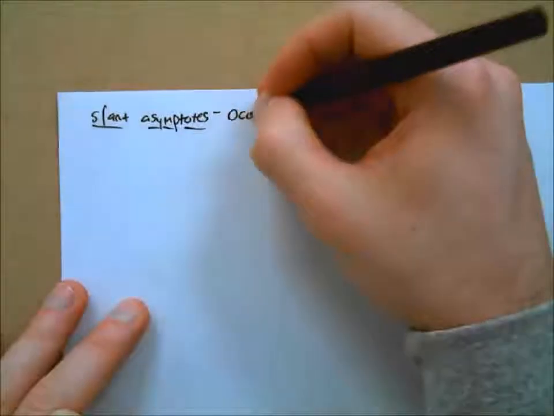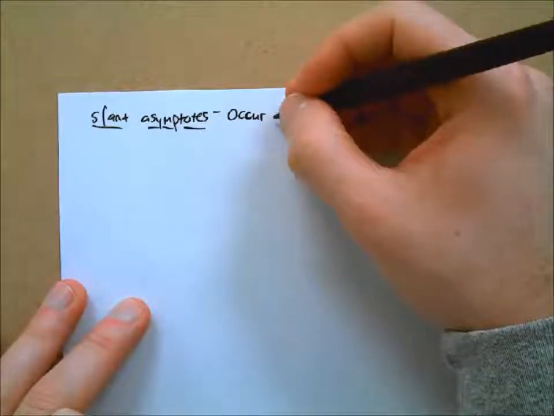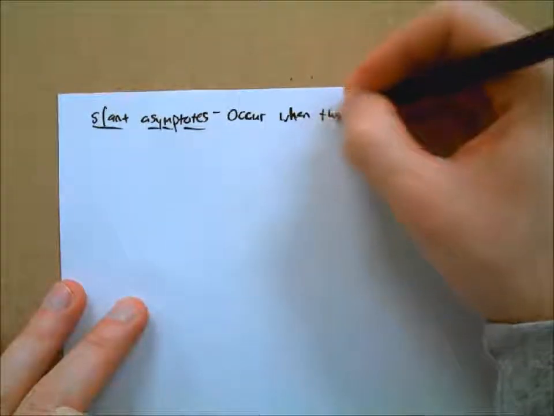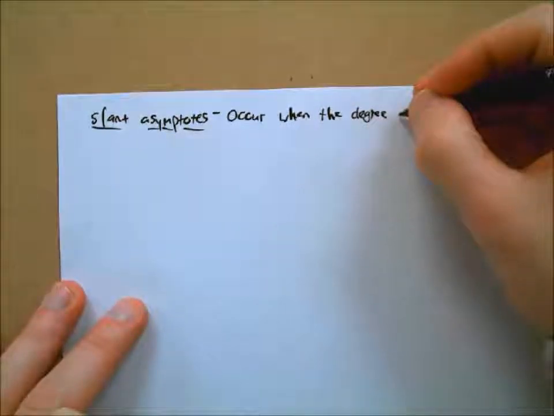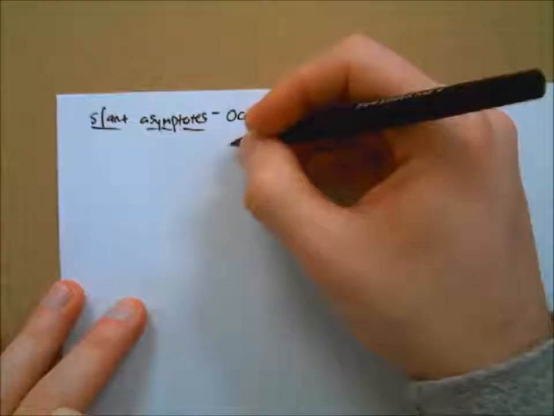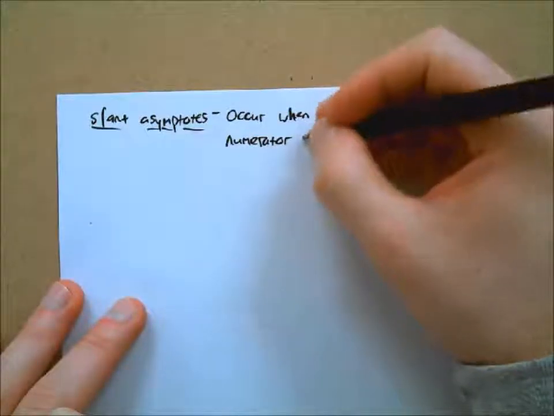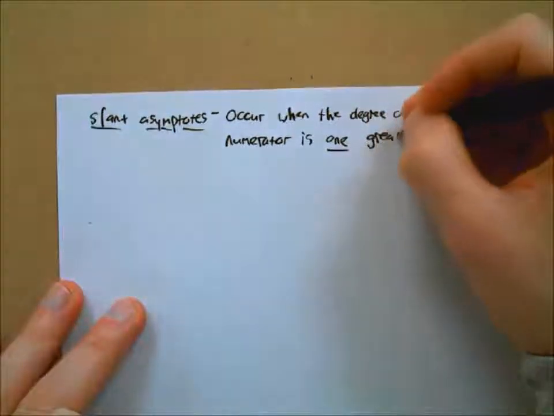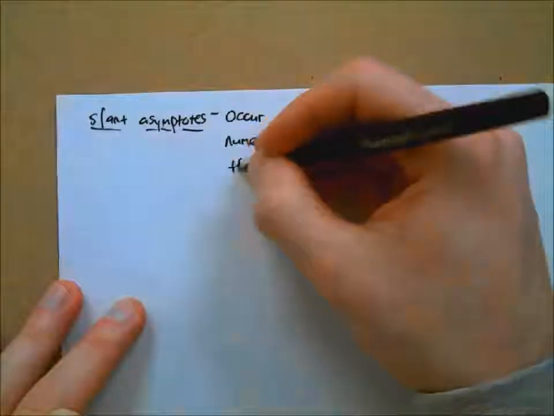A slant asymptote occurs when the degree of the numerator is 1 greater than the degree of the denominator.